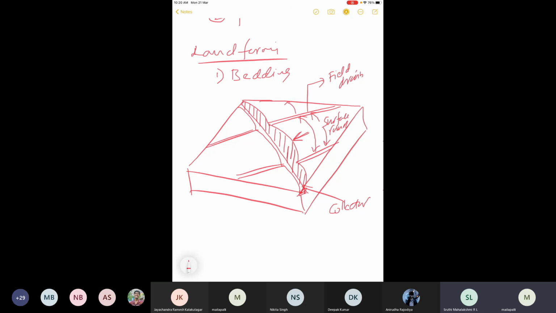In the case of bedding, we mostly plow the land to form a series of low beds separated by parallel field drains. So these are the field drains, and this is most practicable on flat slopes, where the slope should be less than 1.5%.